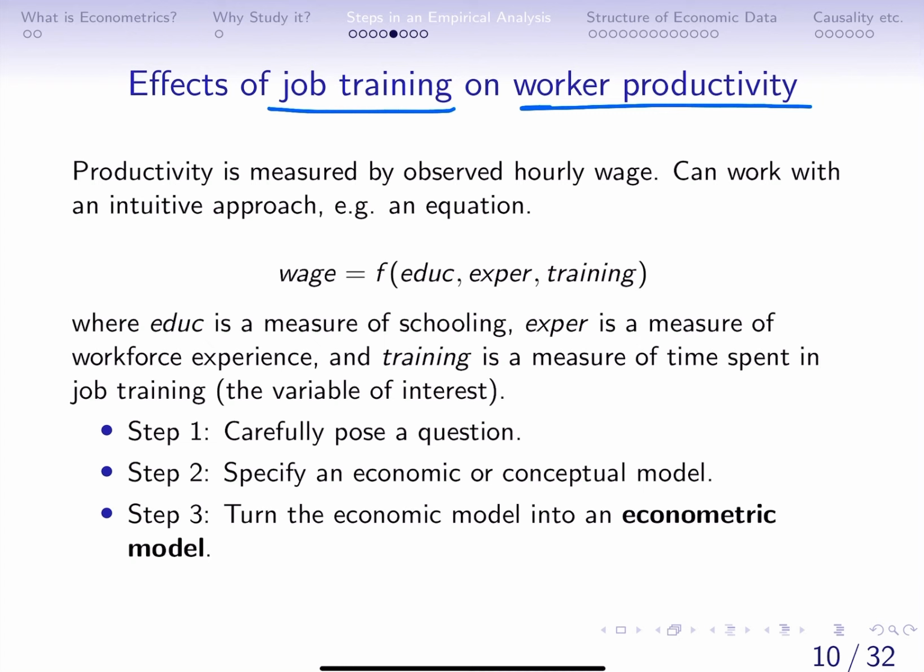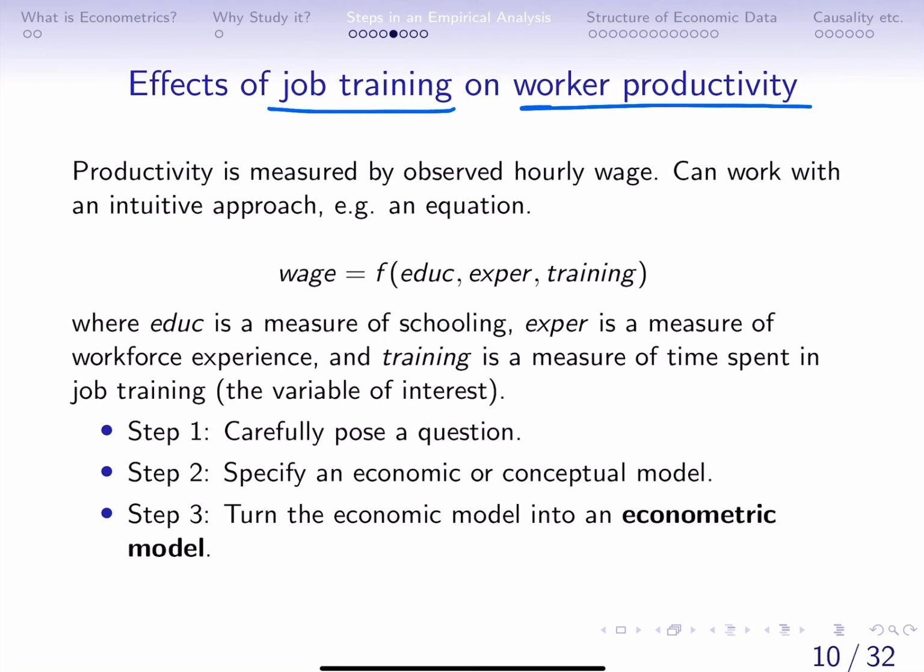Okay, so you can always think about some sort of an experiment. You can have some people that go through the training and some people that don't, and maybe look at their productivity over time, as well as capture other factors that might affect productivity.